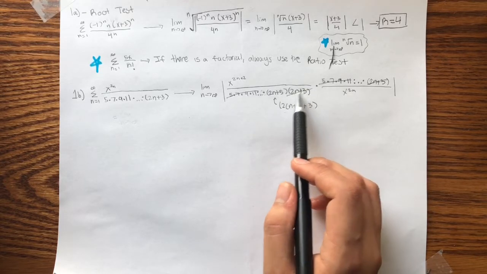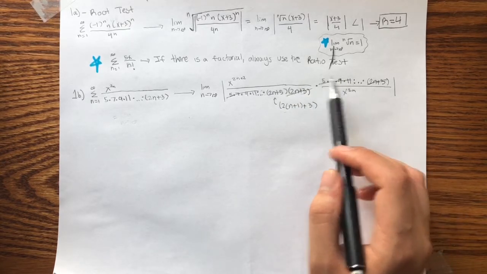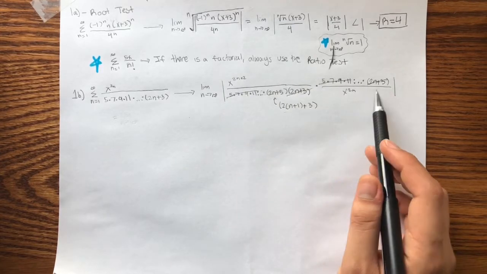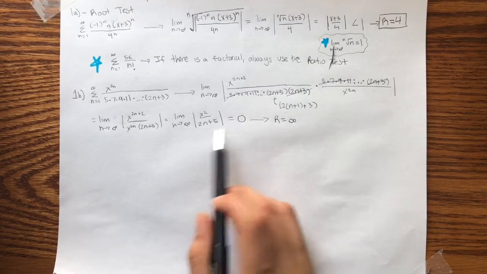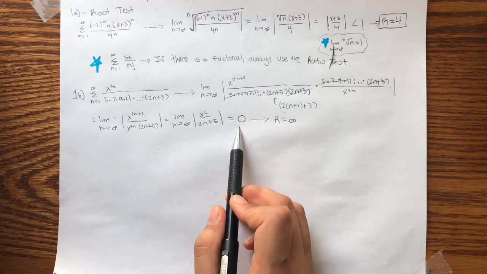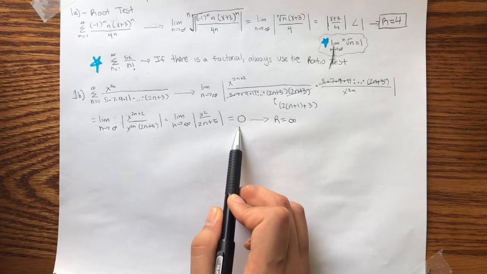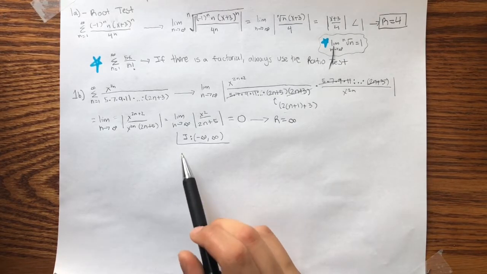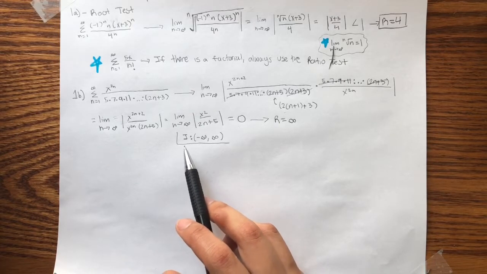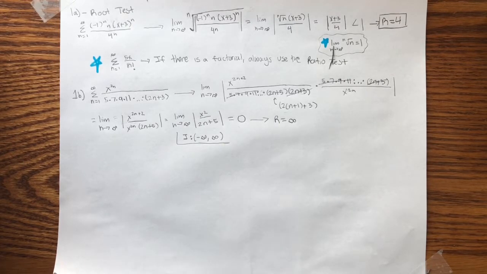I canceled out the 2n plus 3 over here and the 5's over here. And now we can simplify and get this over here. Now, when we do the limit, we see that it goes to 0. And since 0 is always less than 1, we can say that the radius is infinity. This means that we can say that the interval of convergence goes from negative infinity to infinity.